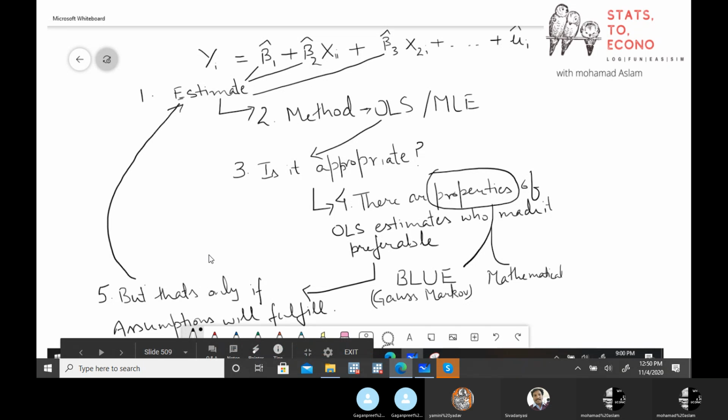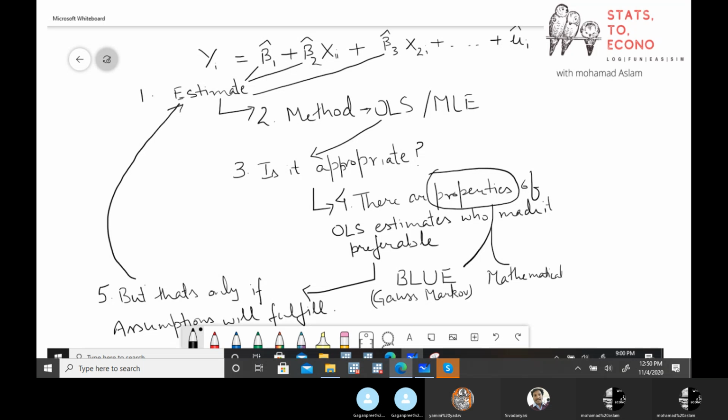So I hope this is enough for today. In the next class, first we'll prove this minimum variance for the slope coefficient, and then we will do the same with the matrix method as well.